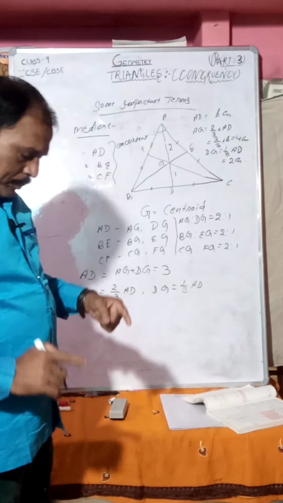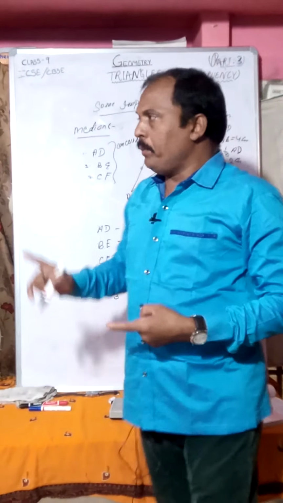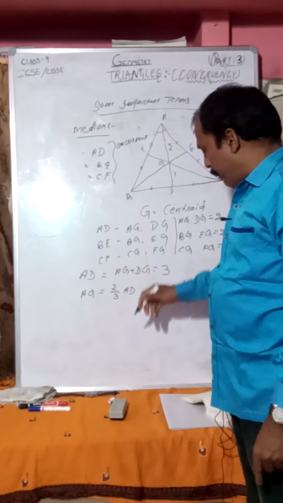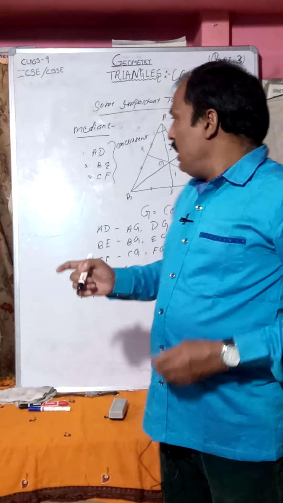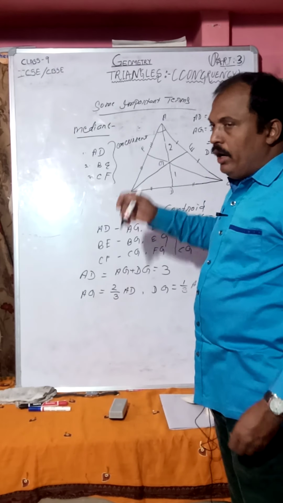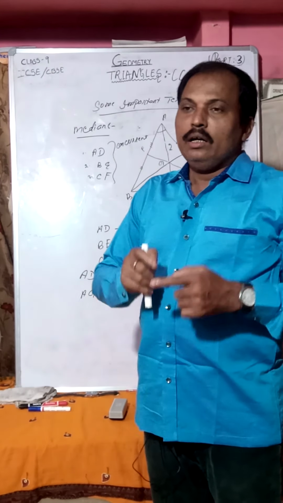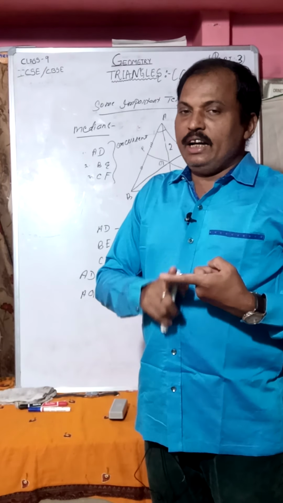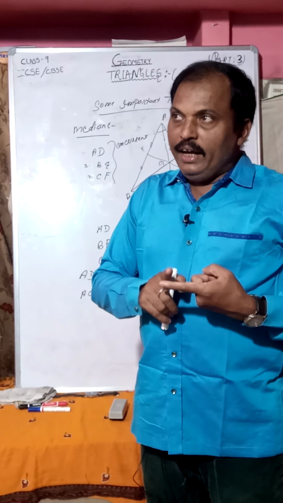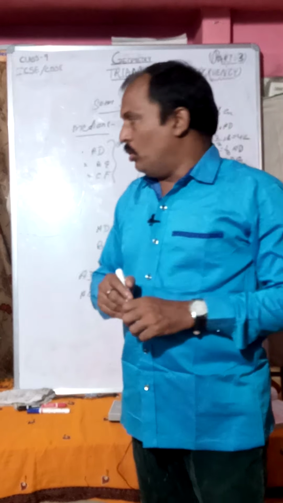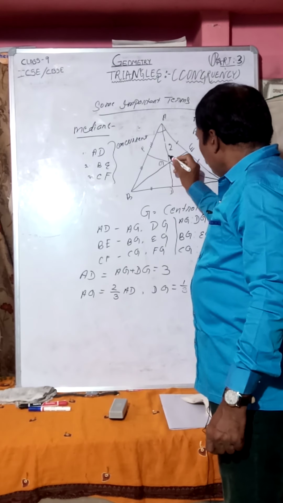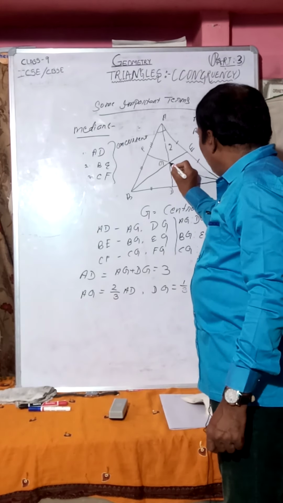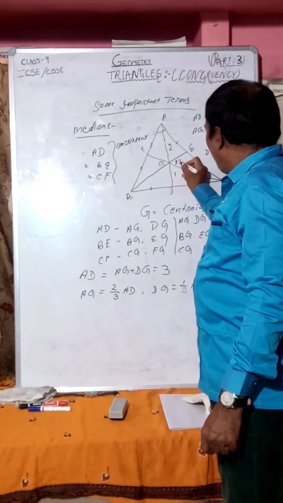Likewise, it is very important, every median divides at the centroid into 2:1 ratio.